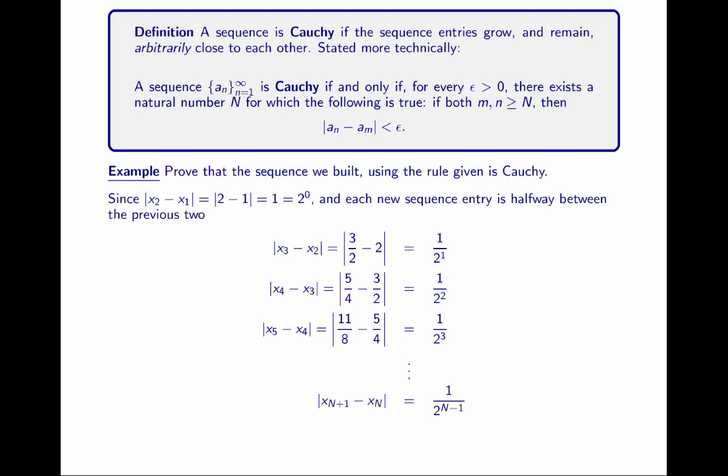And we can keep going forever because I'm taking a distance of 1 and cutting it in half every single step I take. The difference between consecutive sequence entries has to be 1 over 2 to the big N minus 1 if I'm taking the distance between x big N plus 1 and x big N.